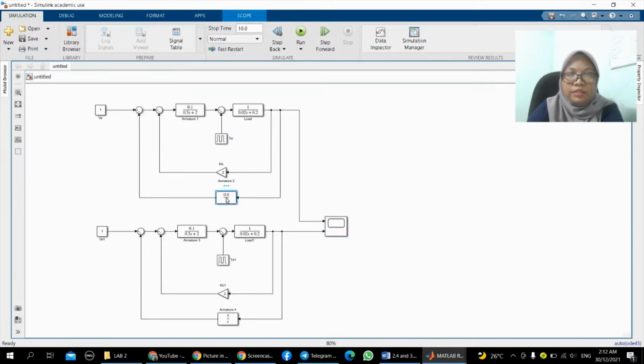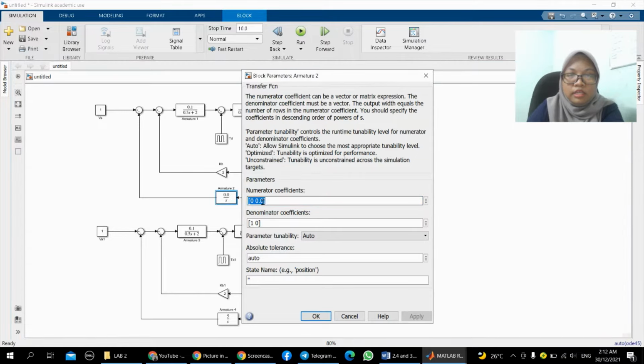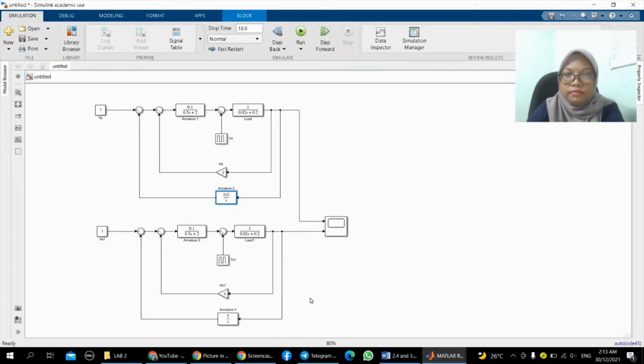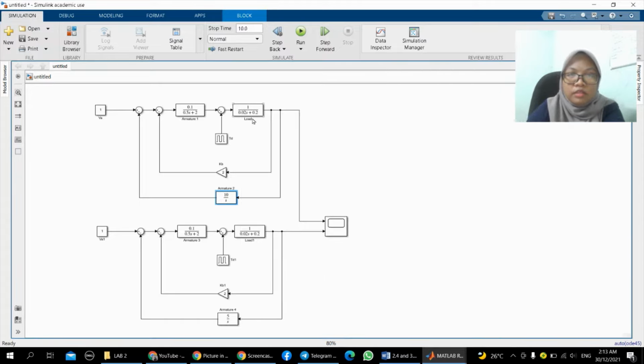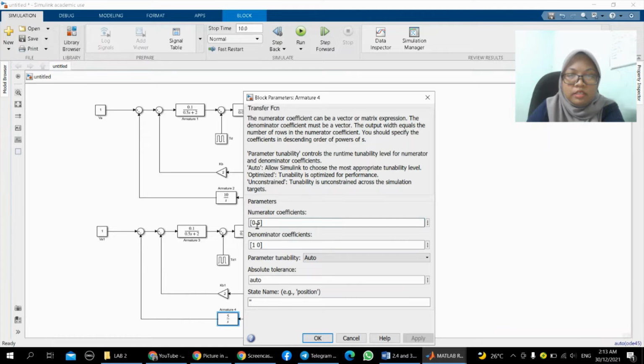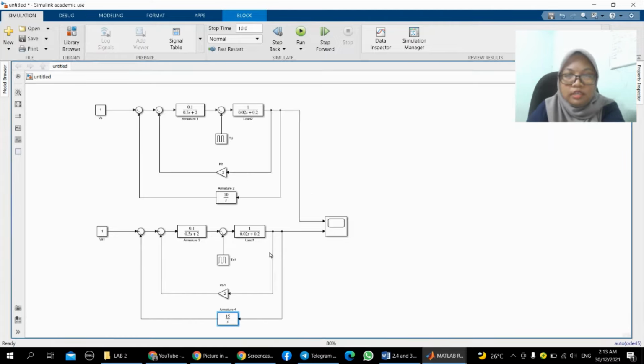Next we change the feedback to 10. This is load 2, and this one is 15, and this is load 3. Then click run.